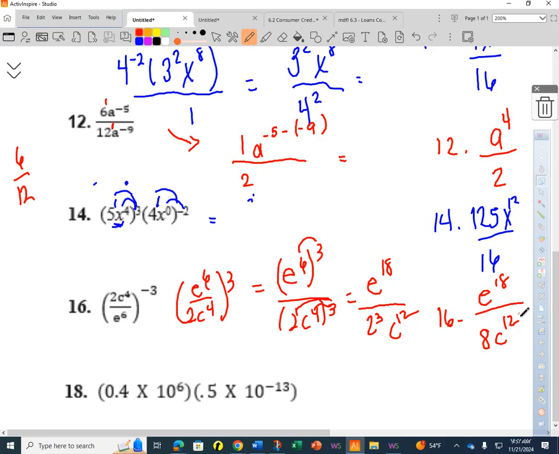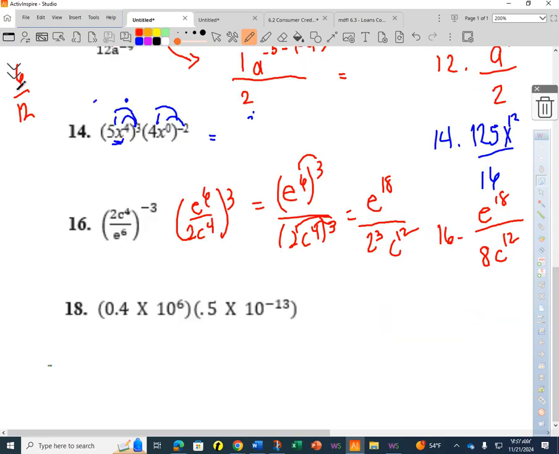All right, we're going to do 18 and 21, and then we'll let you guys look at the odd ones. 18. These actually aren't in scientific notation because this is not between 1 and 10, right? We are going to multiply these. If you are multiplying things in scientific notation, I want you to write them in scientific notation.